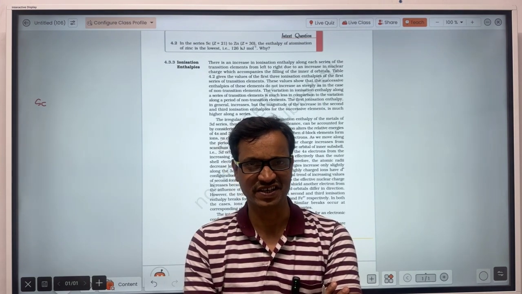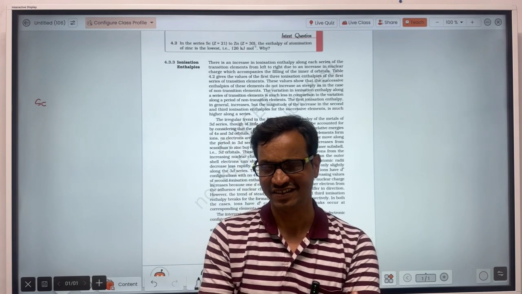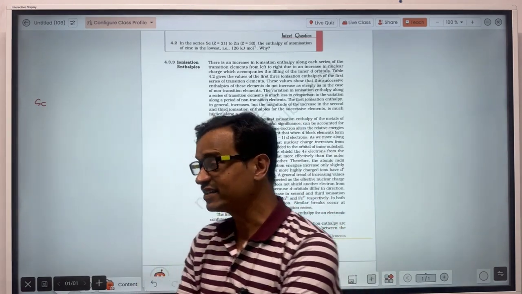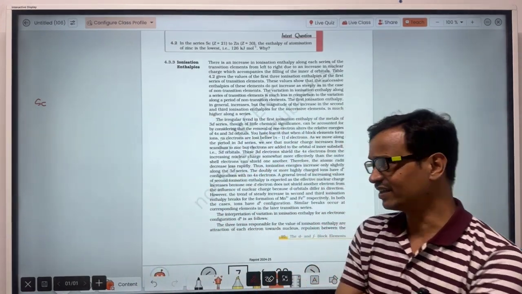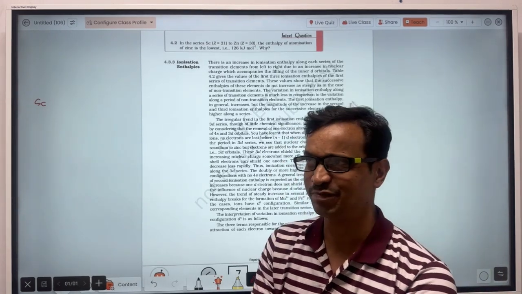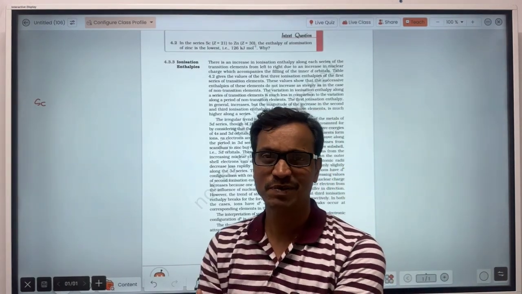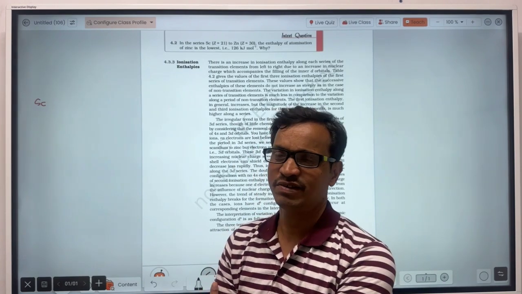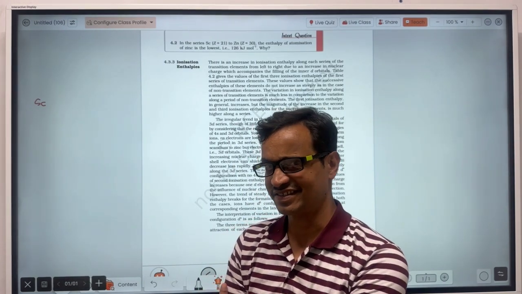Always the electron will be released from the valence shell. So let's first write the electronic configuration, and where there may be variation or exceptions in the ionization enthalpy, we will discuss.